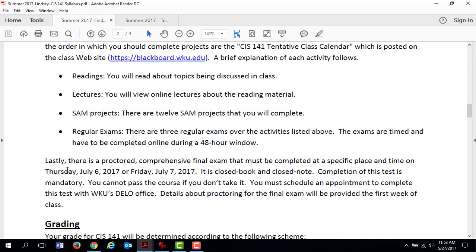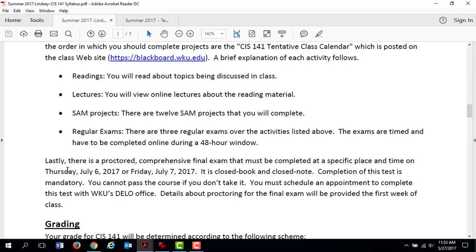That has to be done on Thursday, July the 6th or Friday, July 7th. So if you're going to be in Barbados or something on July 6th and July 7th, that's a problem, because those are the 2 days where you're allowed to take that test. You need to be somewhere where you can get to a testing facility and complete that test.